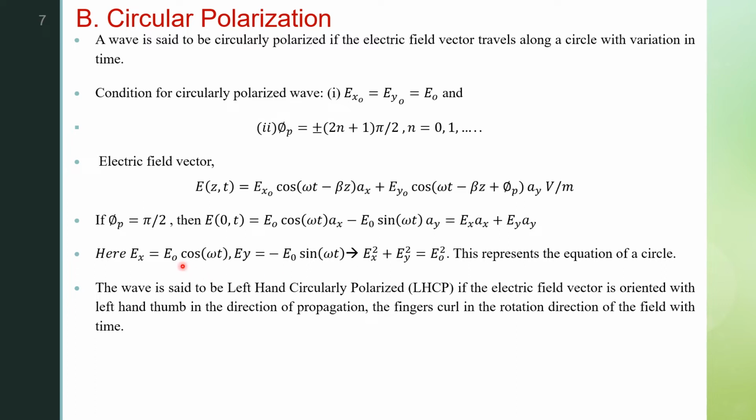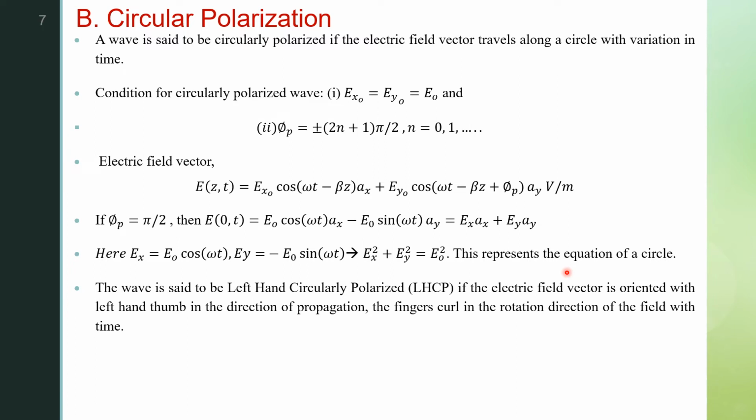It is E0 square cos square omega t plus E0 square sine square omega t, which is E0 square times cos square omega t plus sine square omega t, and we already know that is 1. So you will get simply E0 square. So Ex square plus Ey square is equal to E0 square. It actually represents the equation of a circle.